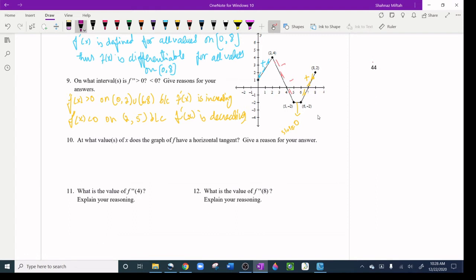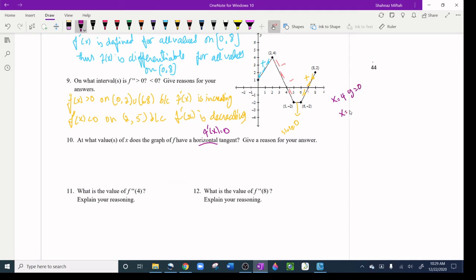Question number 10. At what values of x does the graph of f have a horizontal tangent? Horizontal tangent means when f prime x is equal to 0. So give a reason for your answer. Since this is the f prime graph already, every y value is a slope. So where my slope is 0 for the f prime. So you see x is 0, slope is 1, that slope is 4, slope is 2, slope is -2, and slope is -2. For x equal 4, the slope is 0, the y value is 0.